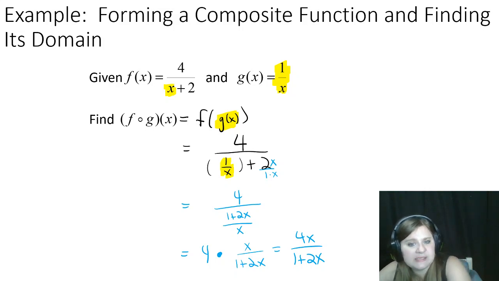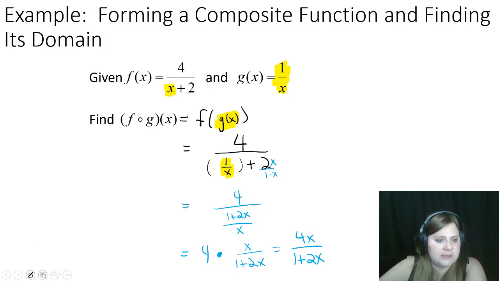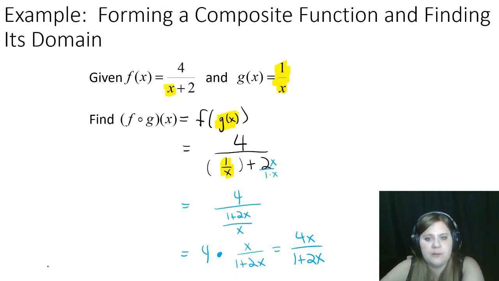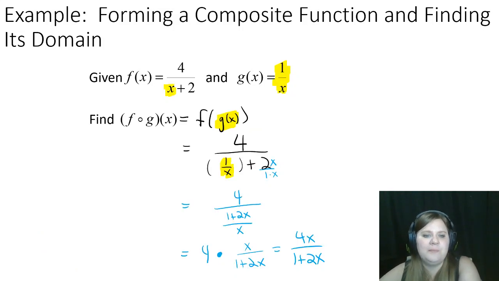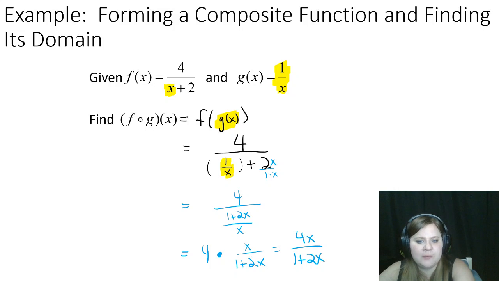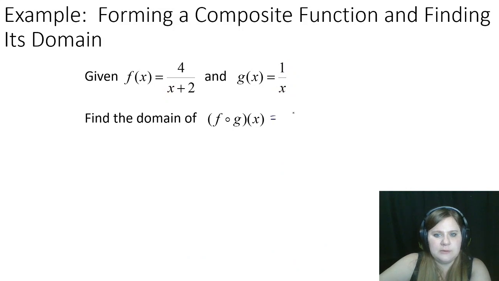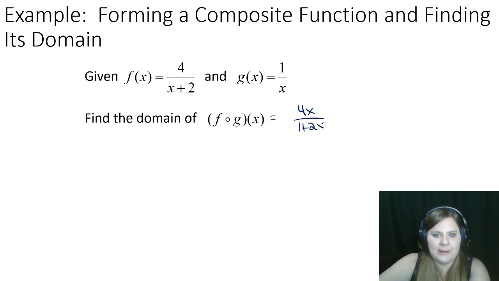Now, a couple of things here are to recognize that it's also going to want us to find the domain in a moment here. In order to do that, you have to recognize a couple things. First of all, I'm going to copy over what we got. We got 4x over 1 plus 2x.